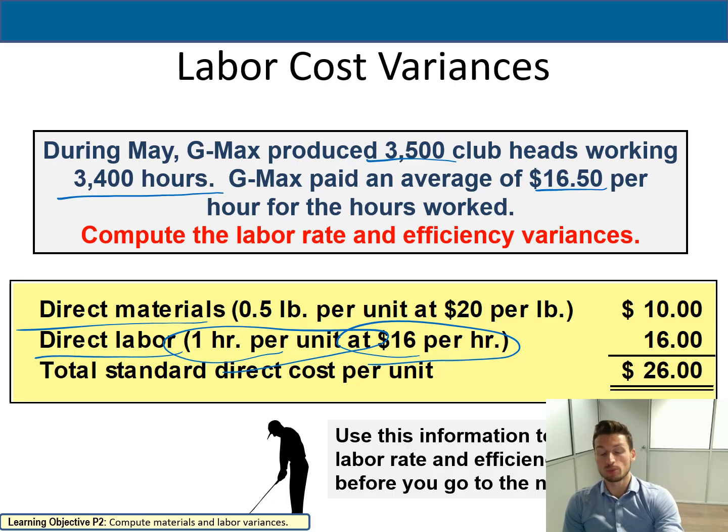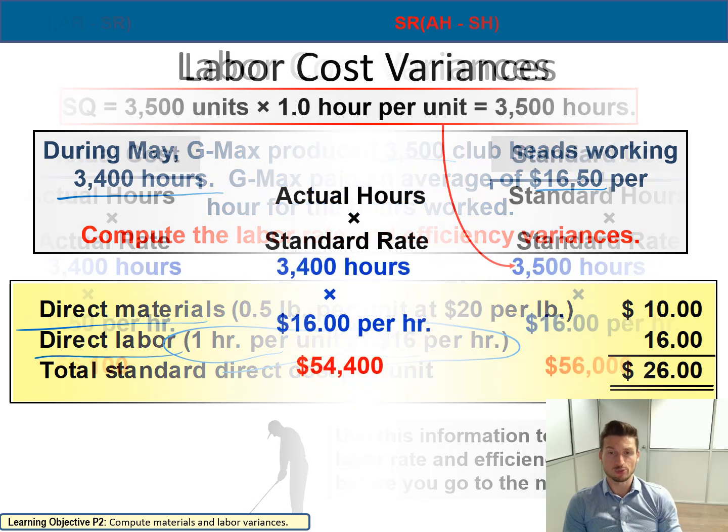So 16 will be the standard rate, 16.50 will be the actual rate. Your standard hours will be 1 hour per unit, so 3,500, and we will need to calculate your actual hours. No, actual hours is given. Sorry, standard hours will be 3,500 and actual hours will be 3,400.